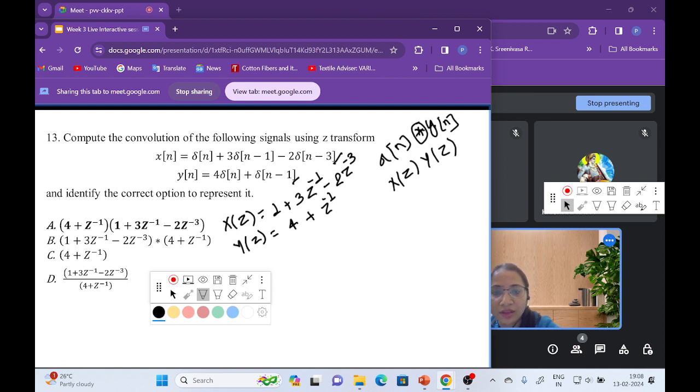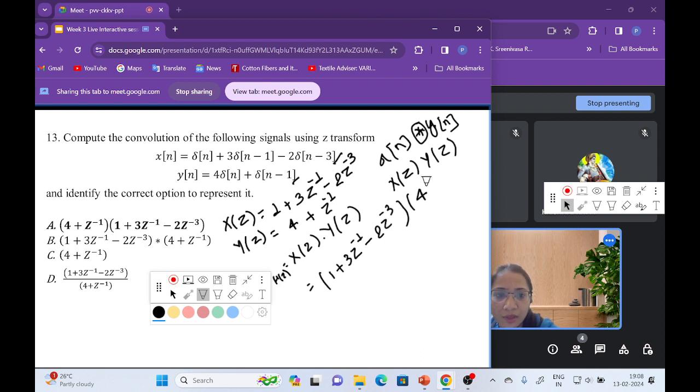So in the z domain, the convolution of these two signals will be simply a multiplication, X of z multiplied by Y of z. That's H of z: 1 plus 3 z inverse minus 2 z to the power minus 3, multiplied by 4 plus z inverse.